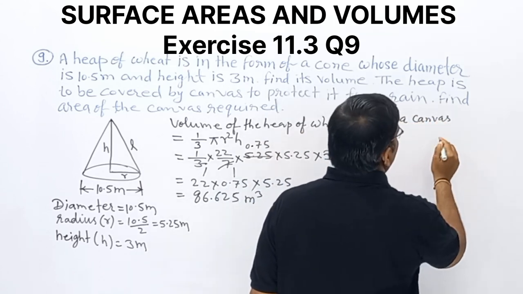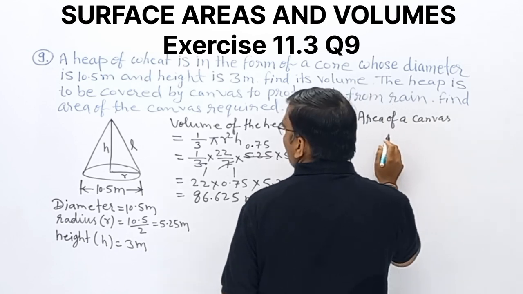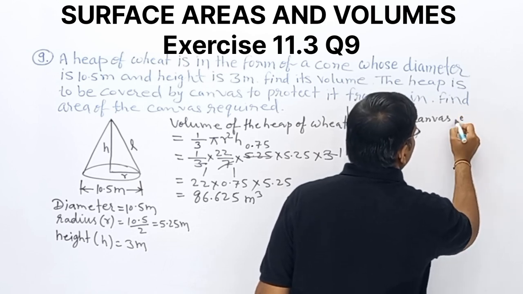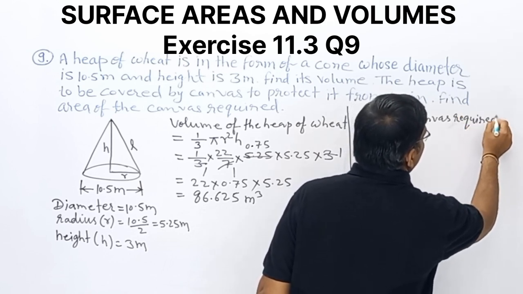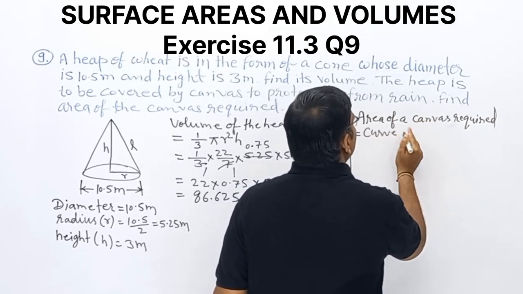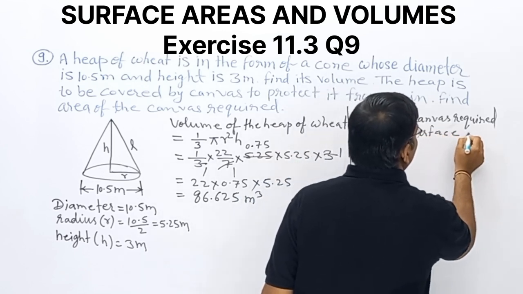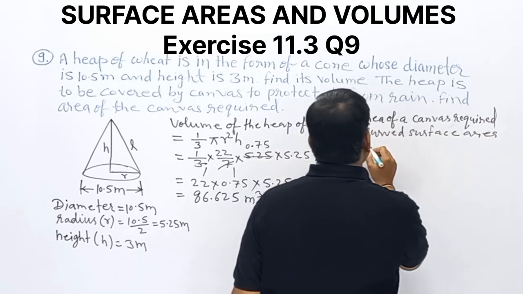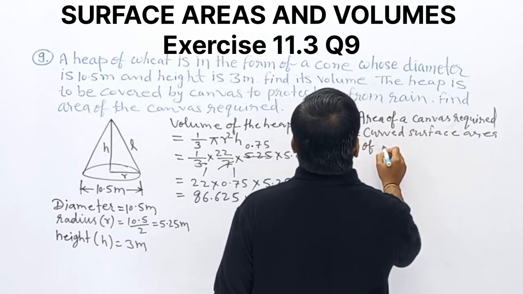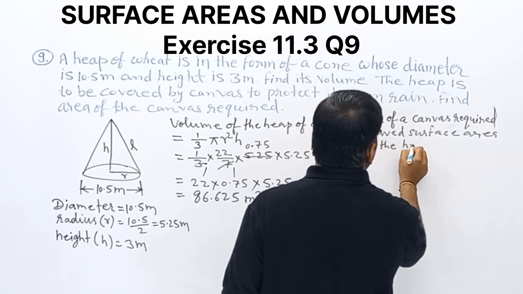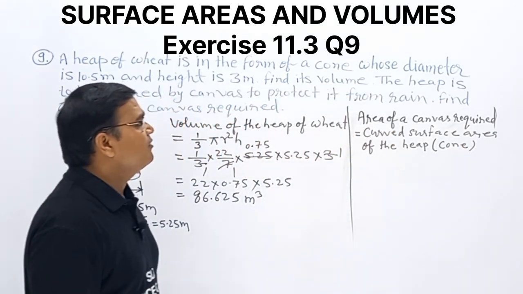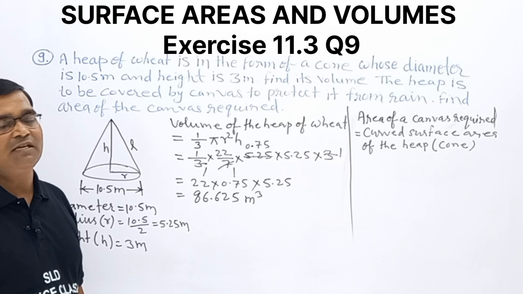This will be the curved surface area of the heap, and the heap of wheat is in the shape of a cone.